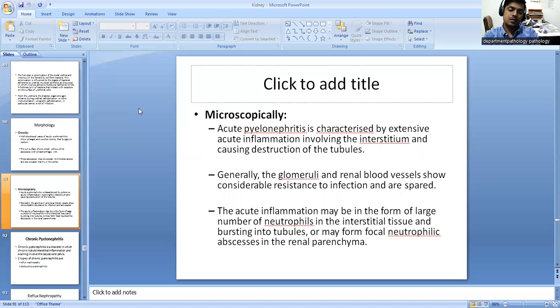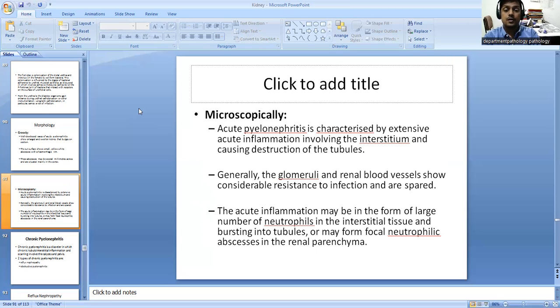Microscopically, acute pyelonephritis is characterized by extensive acute inflammation comprising neutrophils involving the interstitium, causing destruction of the tubules.